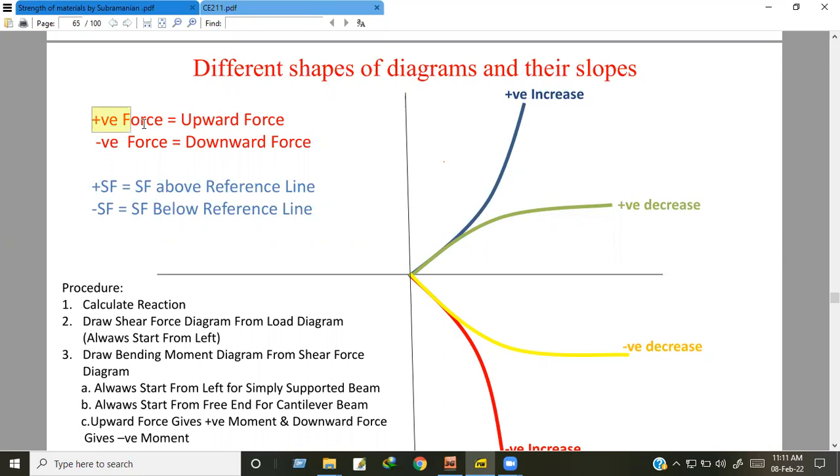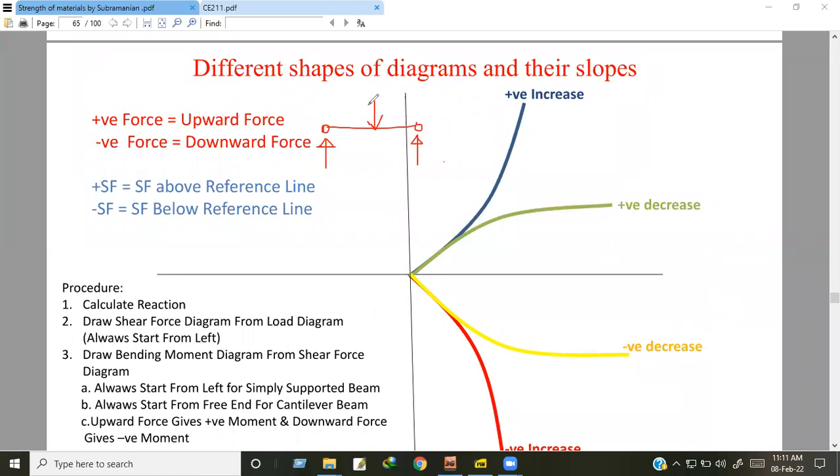Always, an upward force is positive. Reaction force will be positive upward force, because if I apply a force in this direction, with a support here and also a support here, then this support will give a force in this direction and this support will give a force in this direction.